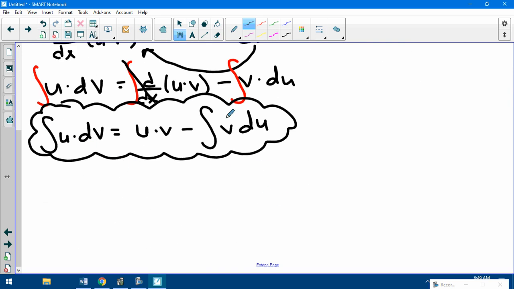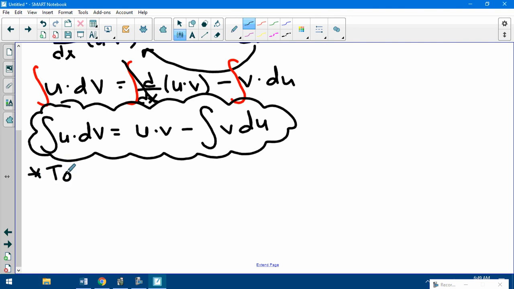Okay, so this is a formula. You can see it came from the product rule, kind of undoing the product rule by taking the integral of it. And you have to choose what u is, and then the other piece is going to be dv. What I mean by that, you'll see in a second.